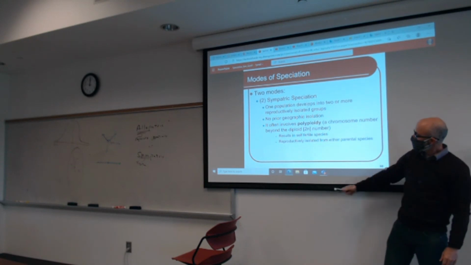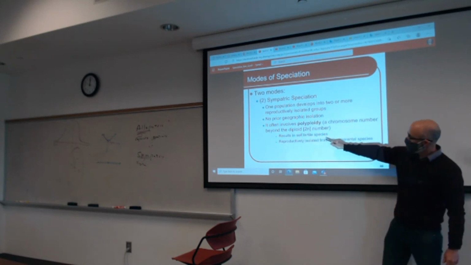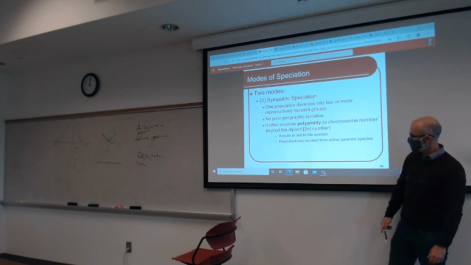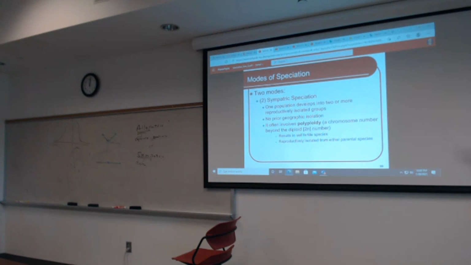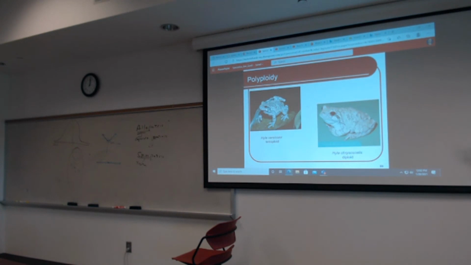Okay? So you result in an instantaneously self-fertile species that is reproductively isolated from either parent. This is a good example, something you want to read over in the textbook. But it's basically an instantaneous speciation.